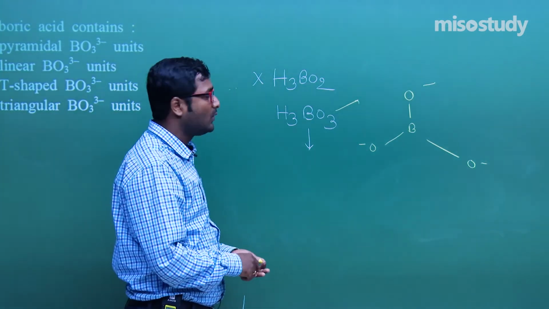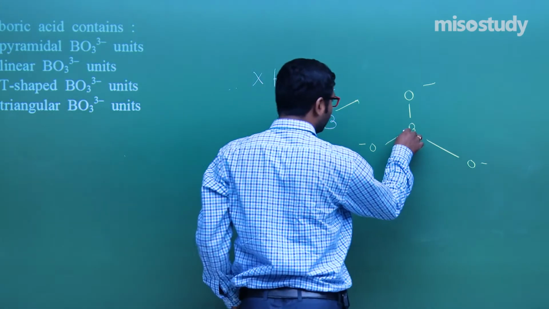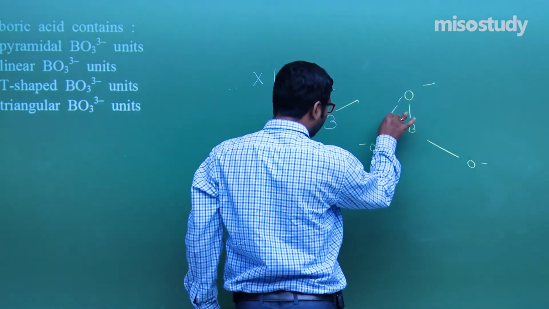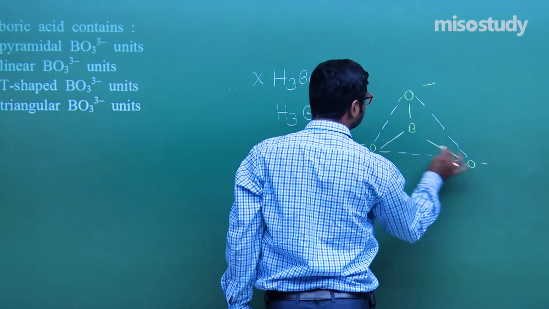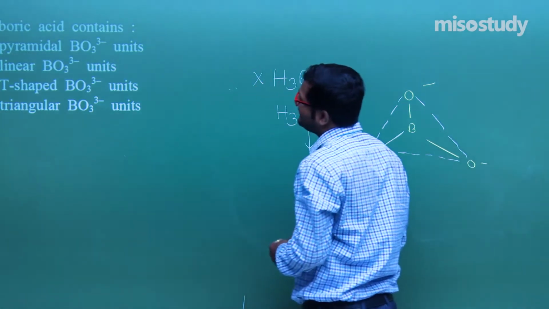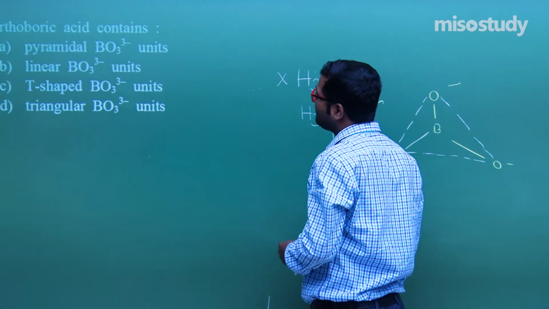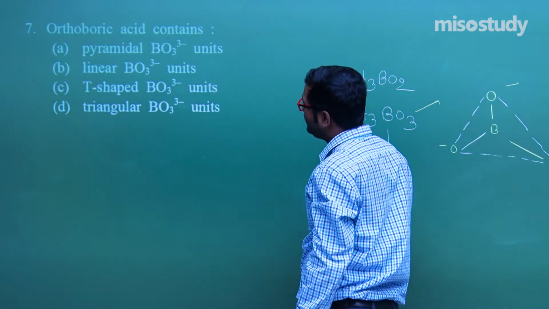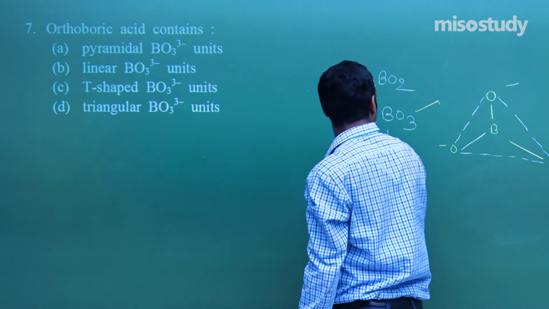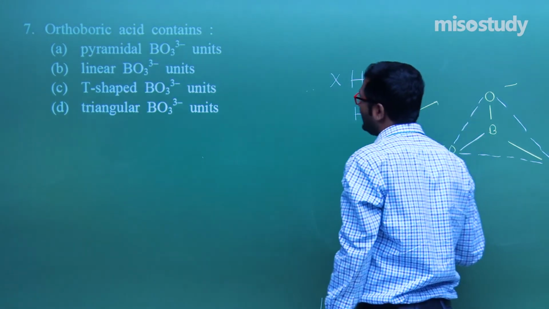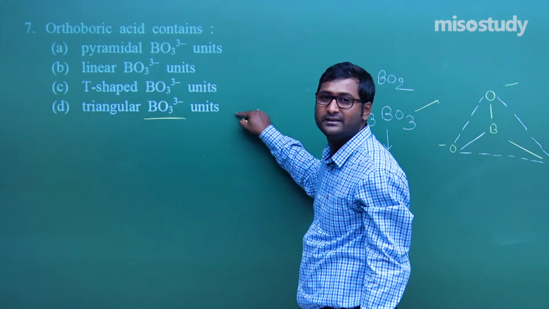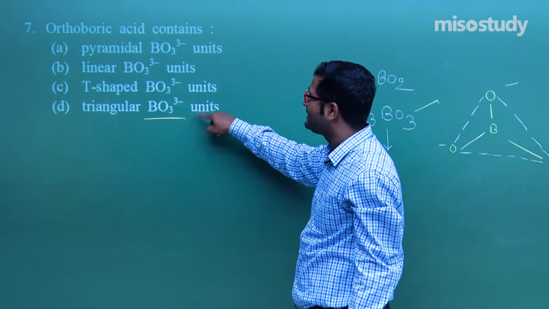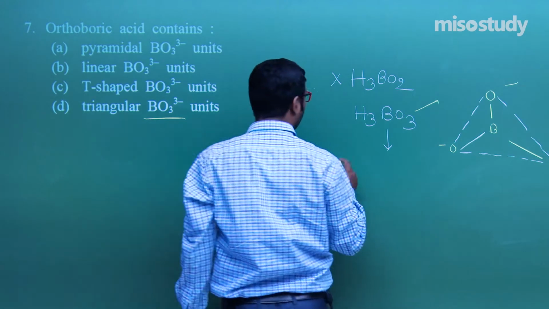Clear? Now look here, this looks like a triangle. So is it pyramidal, linear BO3 ion, or T-shaped BO3 ion? No, this one is triangular BO3 ion units. Clear what I'm telling here? This gives a triangular BO3.